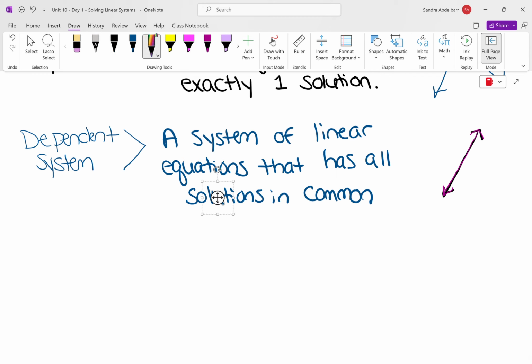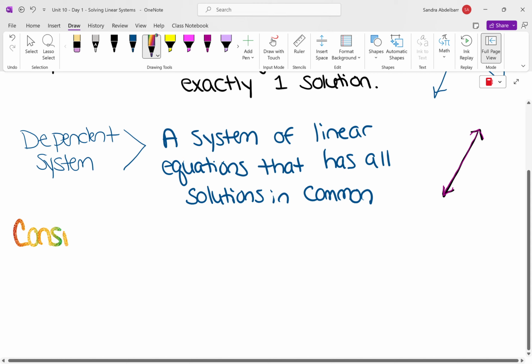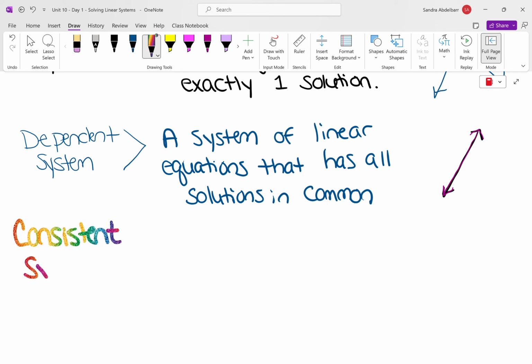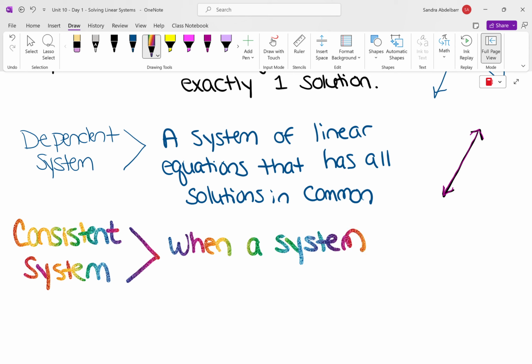Now we can have a consistent system, and a consistent system is when a system has at least one solution.